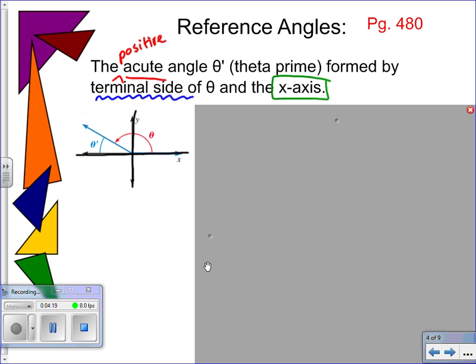So I have an initial side on the positive x-axis. And like I said, your terminal side is going to land somewhere in quadrant 2. That represents this red angle, which we're calling theta.